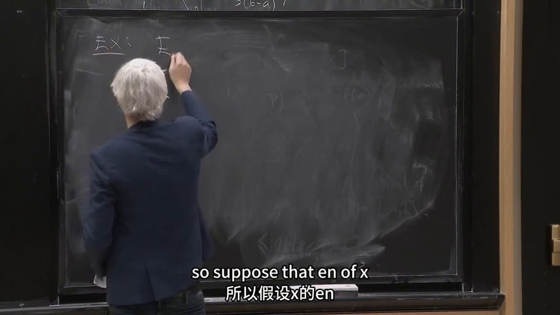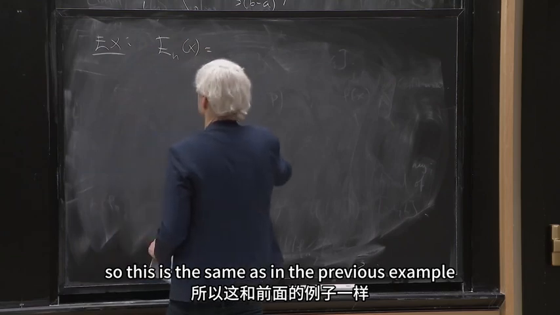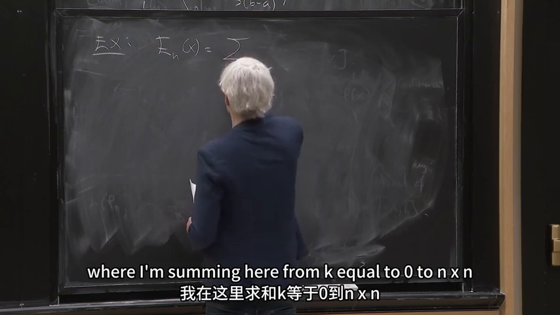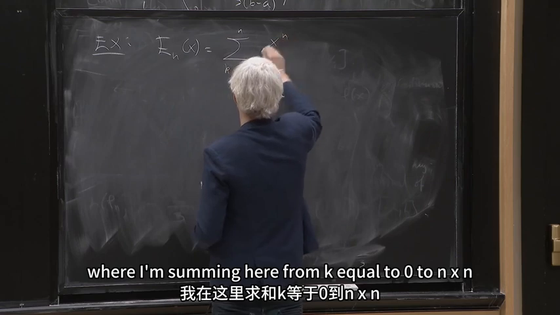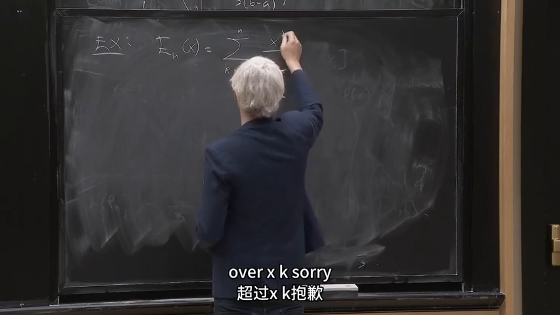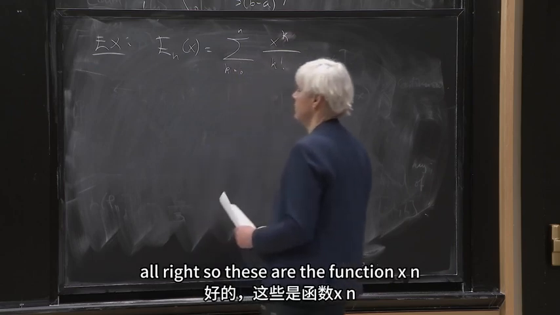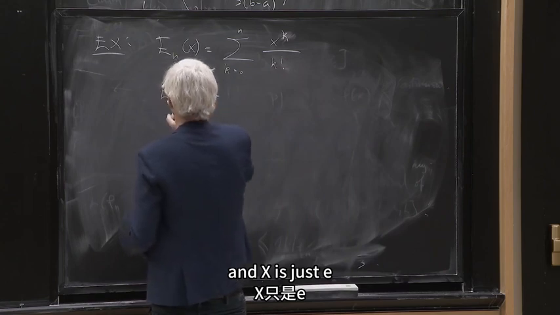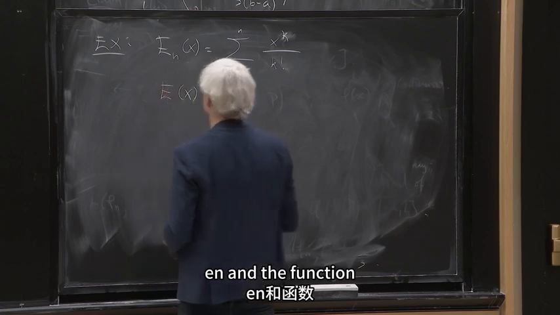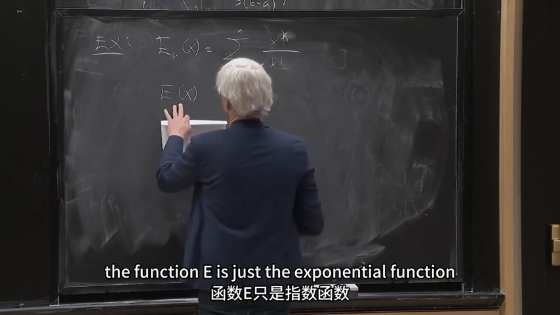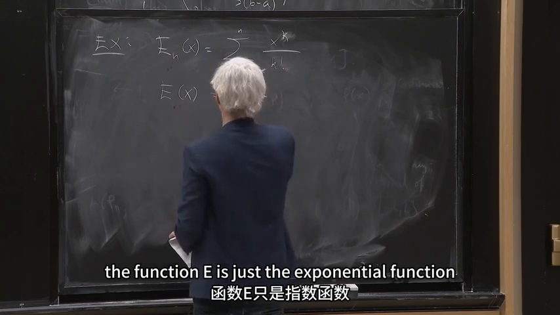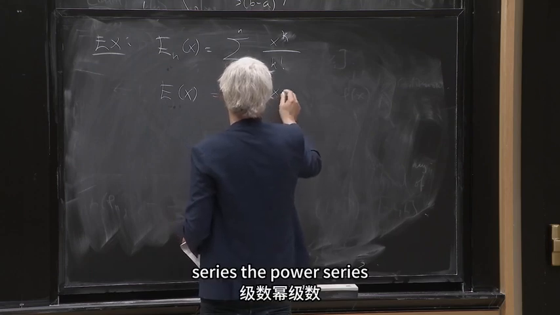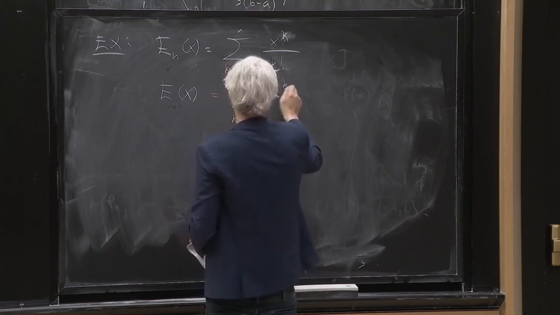So suppose that E_n of x, the same as in the previous example, is the sum from k equal to 0 to n of x^k over k factorial. So this is the function E_n, and the function e is just the exponential function, which I think about as the infinite series, the power series, like this.